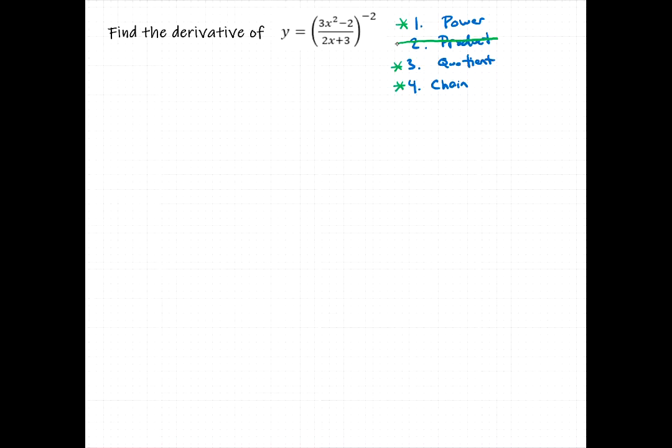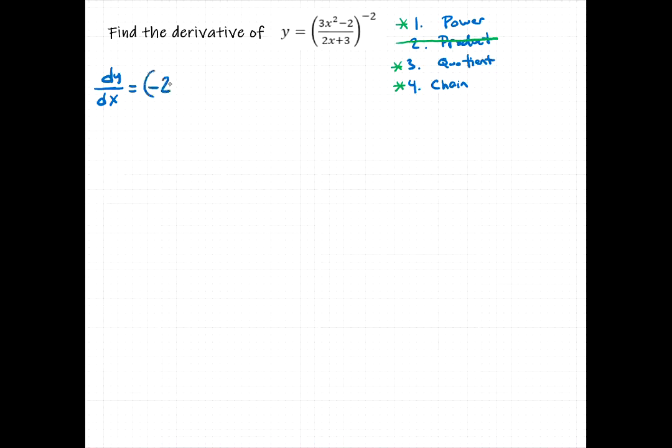Okay, so let's see if we can apply these 3 derivative rules. dy dx is equal to, well, let's start with the chain rule, because of these 3 rules, the chain rule is the one that applies to the entire problem. The chain rule says the derivative of the outer function, which is the negative 2 power.